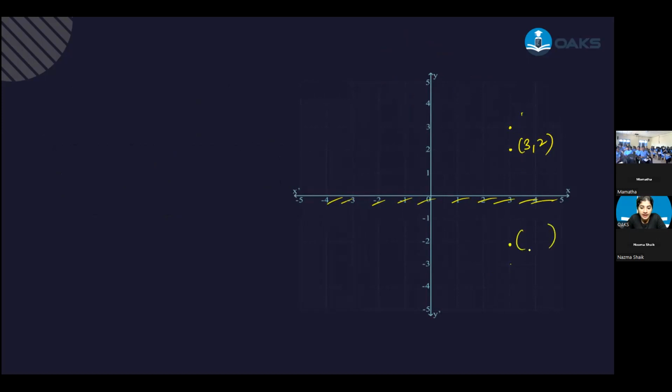So what will be the point? 3, -2. Yes, 3, -2. So you do not have to judge. You have to just remember this rule that the x coordinate will remain the same and y will change its sign. So 3 comma 2 will become 3 comma minus 2, right?